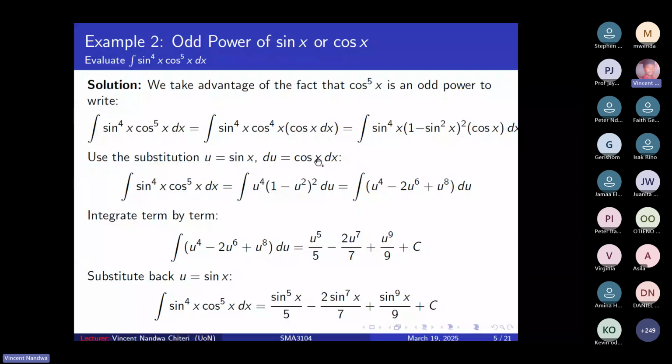So the given integral is simply the integral of u power 4 into brackets 1 minus u squared, squared, du. It's not very hard to see that when you square 1 minus u squared, then multiply by u power 4, you get u power 4 minus 2u power 6 plus u power 8.